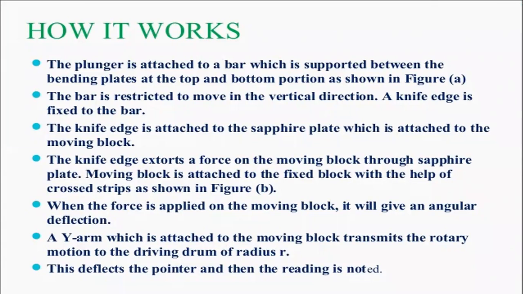So next, the working of the sigma comparator. The plunger is attached to a bar which is supported between the bending plates at the top and the bottom portion, which is shown in the figure.